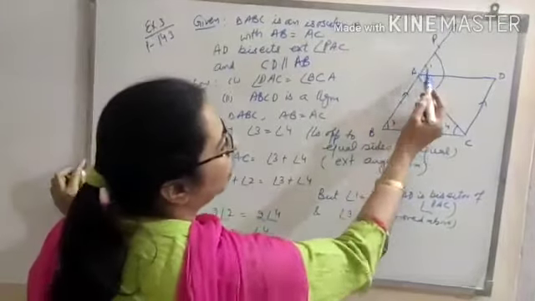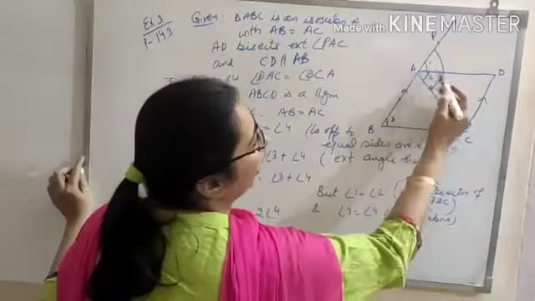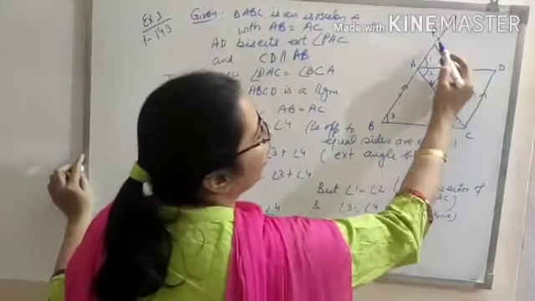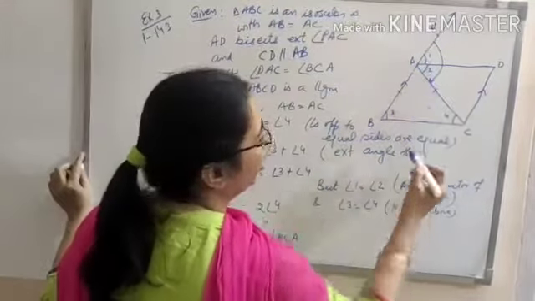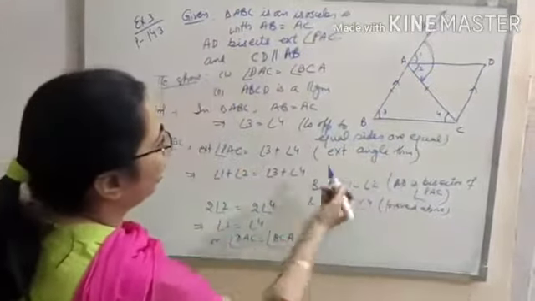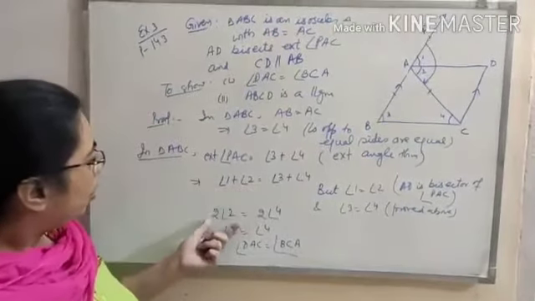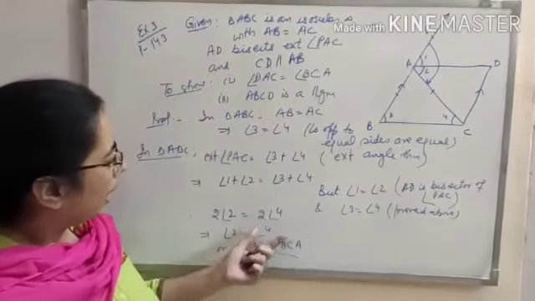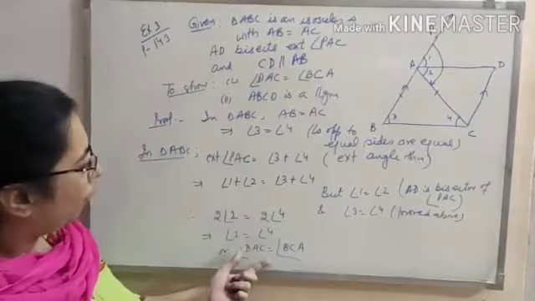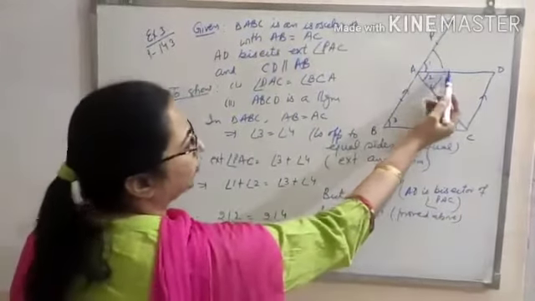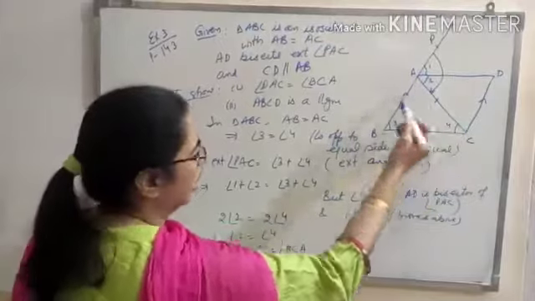But 1 is equal to 2 because AD is the bisector of PAC. So 1 and 2 are equal and 3 and 4 are equal. We have proved here. So I can replace these. 2 times angle 2 is equal to 2 times angle 4, which means 2 is equal to 4, and 2 and 4 are angle DAC and BCA.